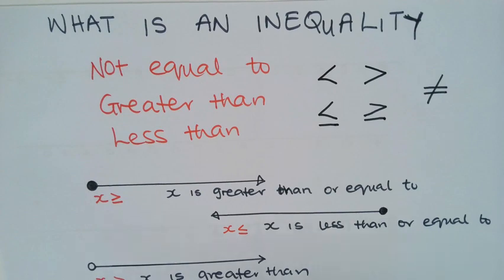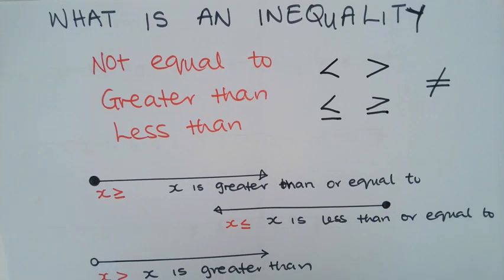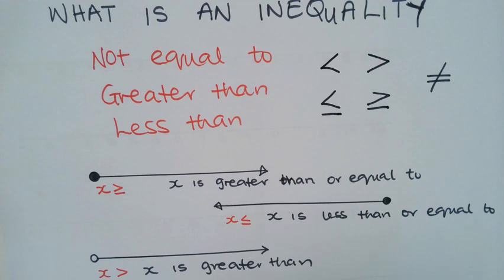Okay? So we're going to be looking at the expression of inequality on a number line. But first of all, we're going to look at the closed circle and the open circle. Inequalities can be shown on the line.